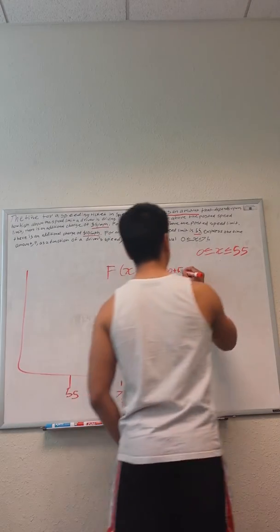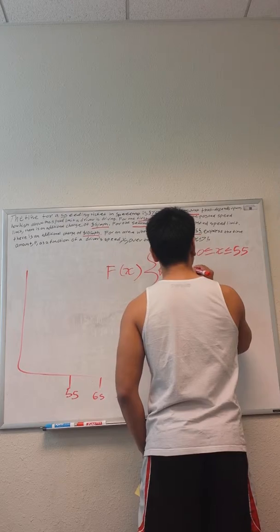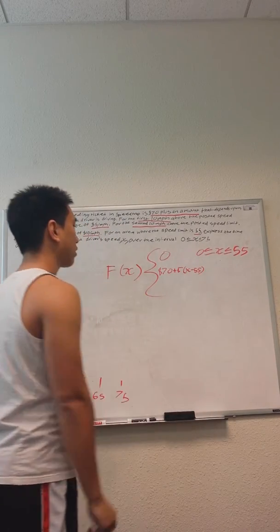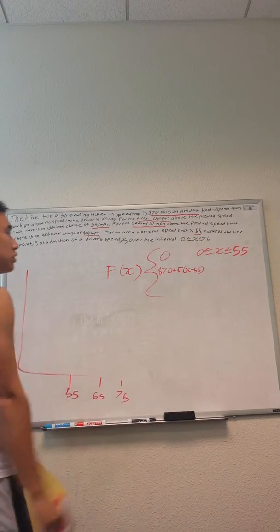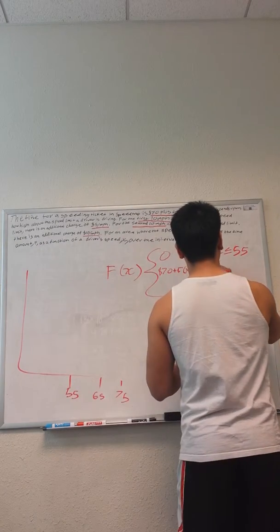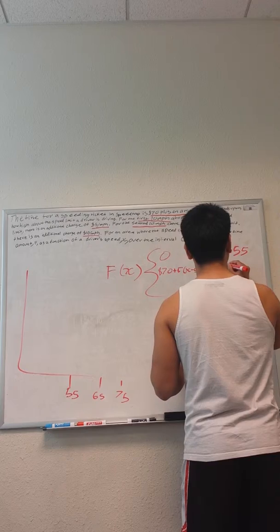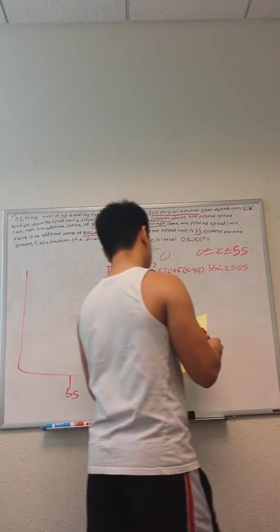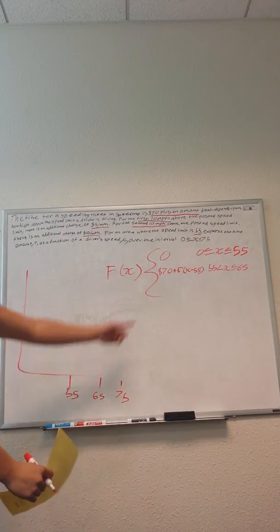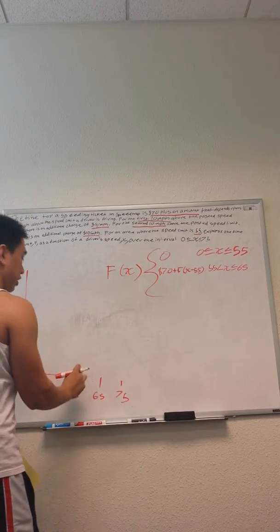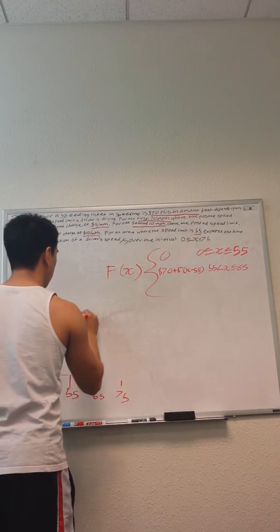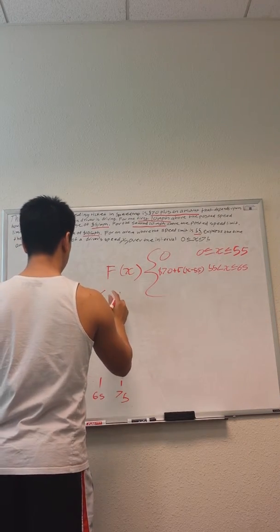So we'll be doing x minus 55 for the interval of 55 to 65. To find our third function, in the graph, it would be 70 to 65.